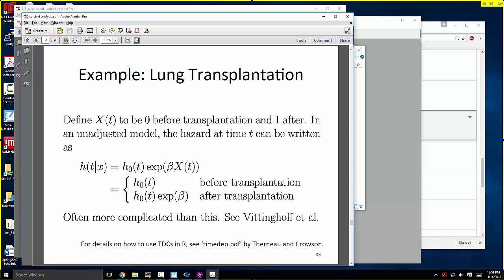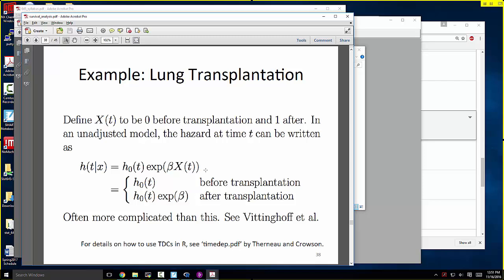So if I have a time-varying covariate or time-dependent covariate, my x, my covariates, depend on t. So if we're going to try to address this issue, we're going to have to break the core assumption of a Cox model. It can be done, especially if we make it a simple break.